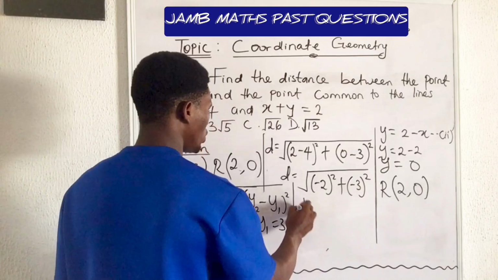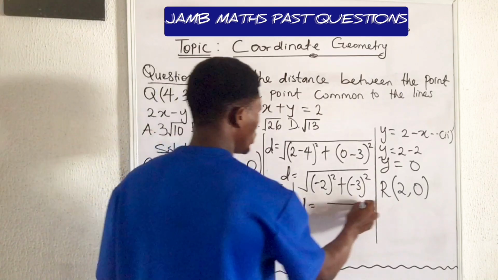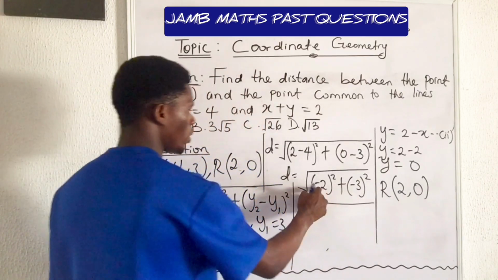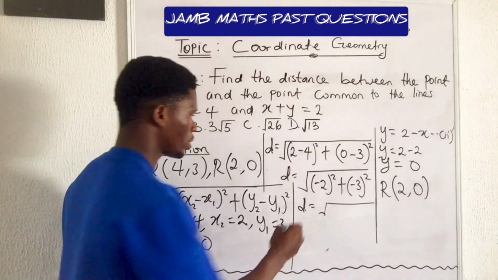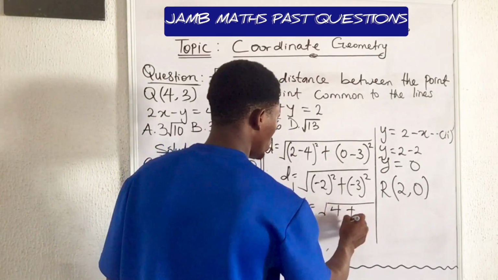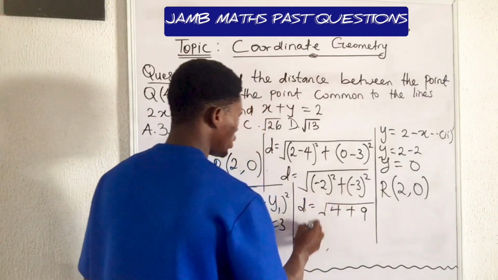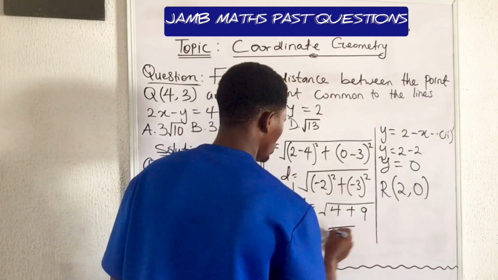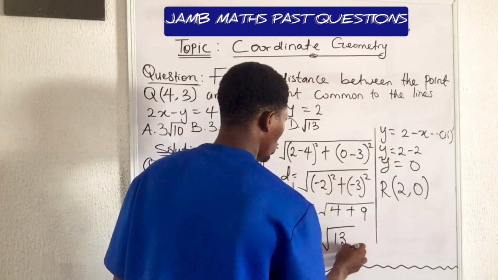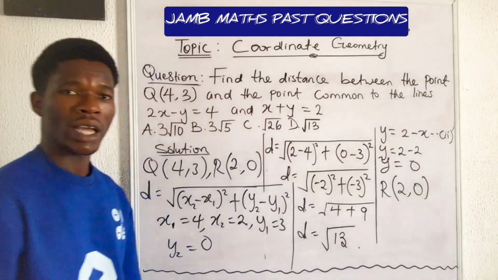So we have that d is equal to the square root of minus 2 raised to power 2 gives 4, plus minus 3 raised to power 2 gives 9. So we have that d equals the square root of 13, and that is the distance.